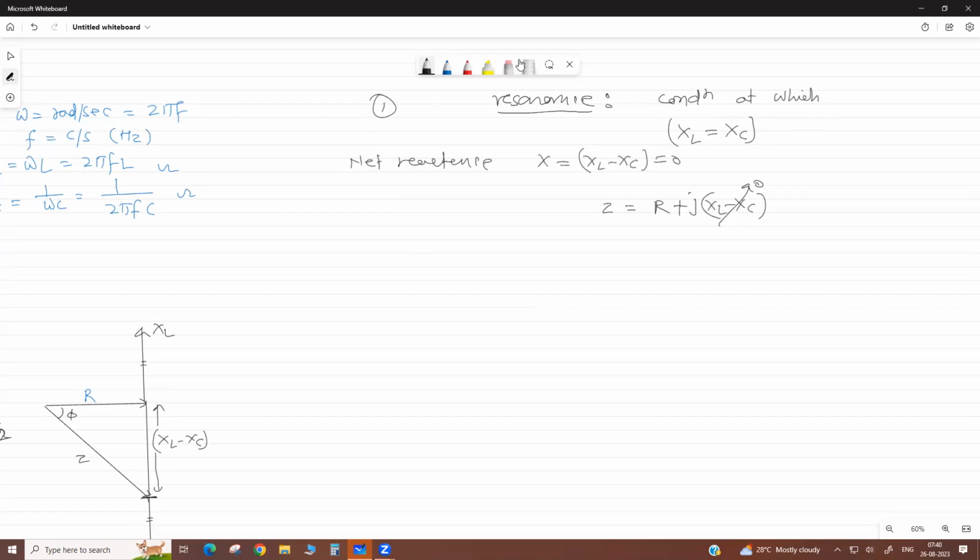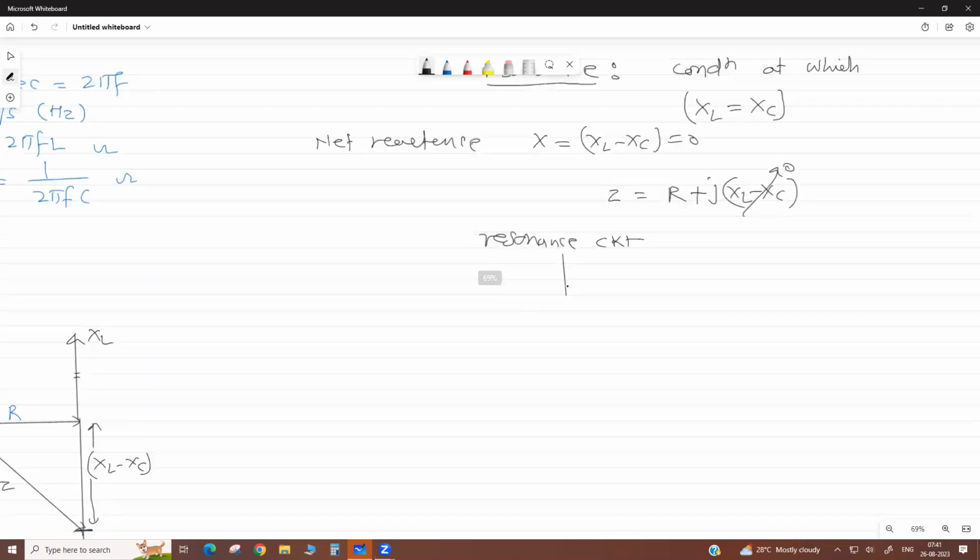This is the condition of resonance. Now this condition may occur in an RLC circuit in series or in parallel. There is an AC series circuit and a parallel circuit also. So there is series resonance and parallel resonance.